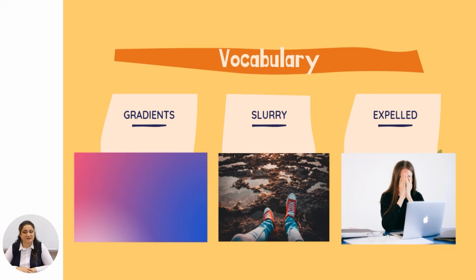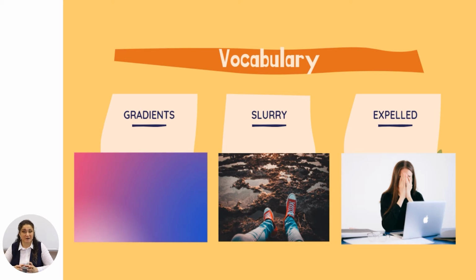Okay. The next group of words is gradients. Gradients are symbols of increasing or decreasing something. The next word is slurry. Usually, when there are rainy days, on country roads we can find a lot of mud.